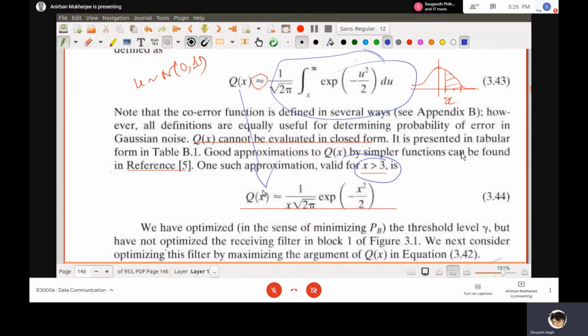So if you have, say, 3.2, you can directly put e to the minus 3.2 whole square by 2, that is e to the minus 4.5, and 1 by 3.2, and directly you will get something. But here, as there is integration, it is difficult; you have to check the calculator. But please remember this is valid for x greater than 3 for standard normal.